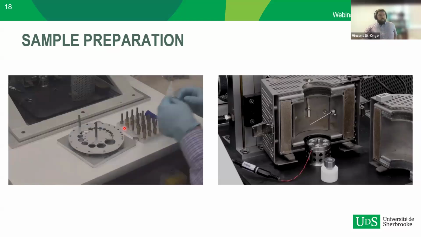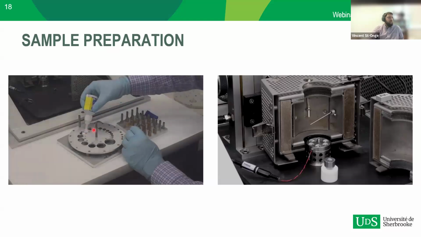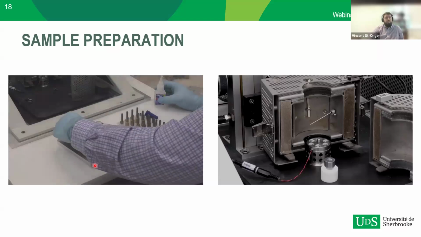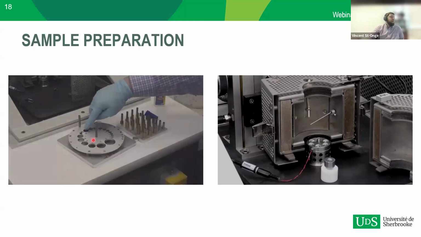So here I'm handling a little rubber, I think it's a silicone rubber sample, that I was handling in that video. So you have to apply a thin layer of glue. Then you will glue the sample on the base of the sample assembly.